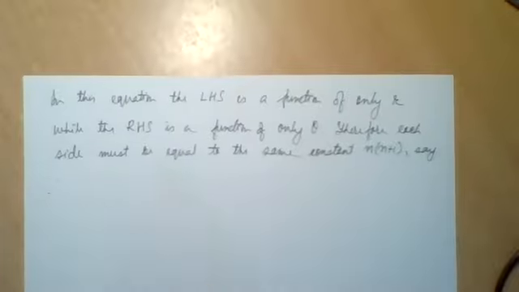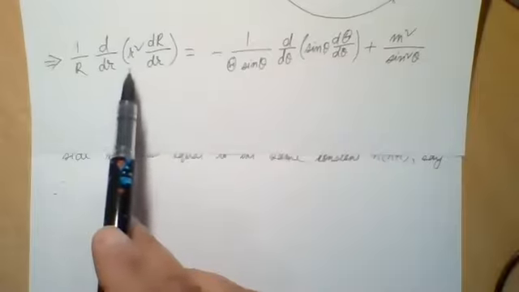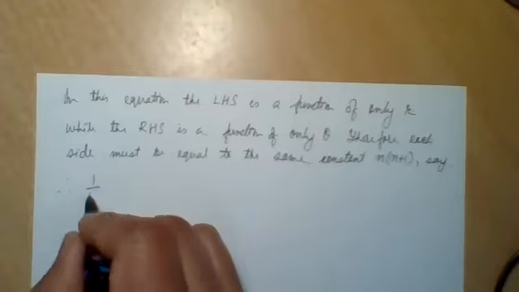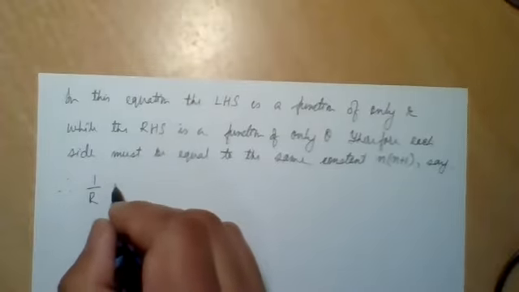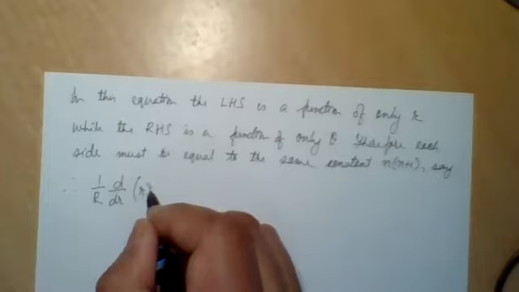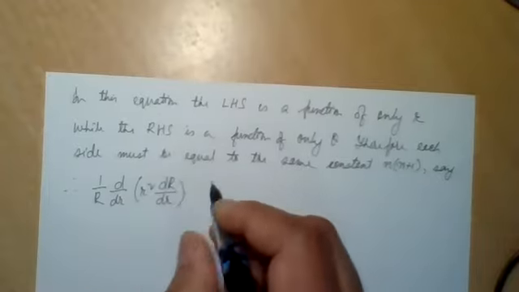Therefore, this left hand side, let us equate this to n into n plus 1. So we have 1 by capital R d by dr of r square d capital R by d small r.